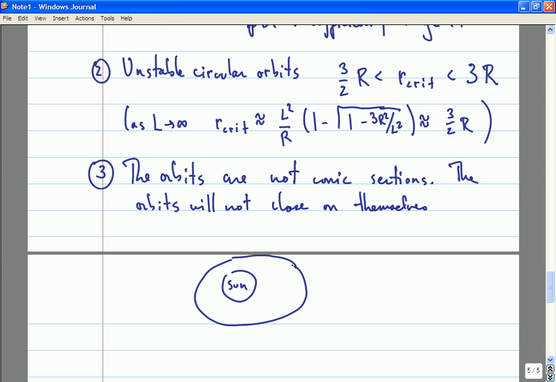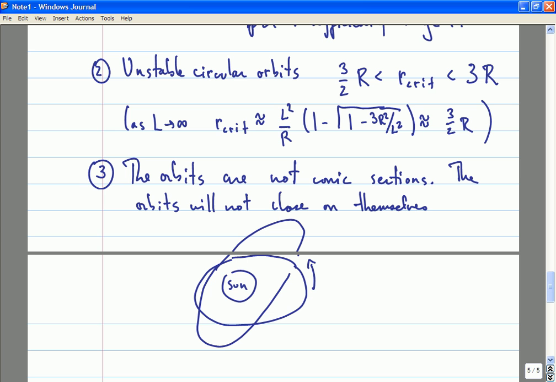The orbit of Mercury would be very close to an ellipse, but it wouldn't exactly be an ellipse. And instead, the orbit would change gradually as time went on, so that eventually the orbit might look like this. Sorry, I'm not an artist. So that gradually the orbit would, as they say, precess around the Sun.